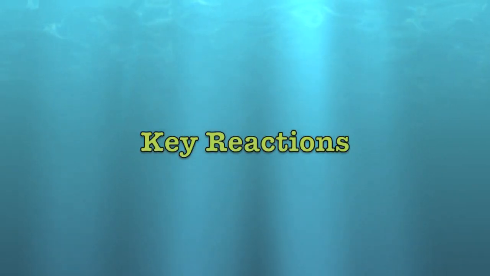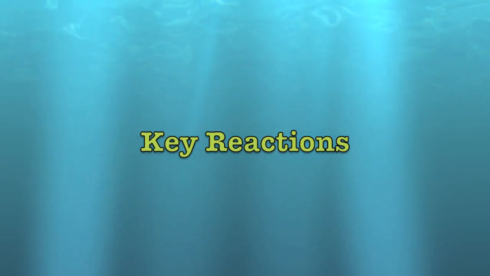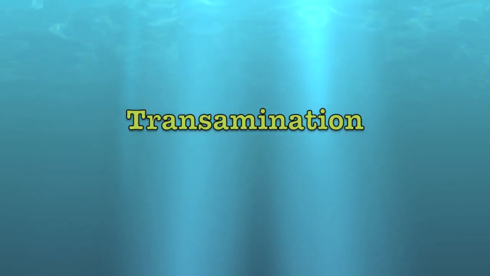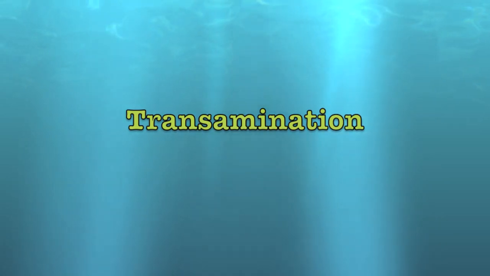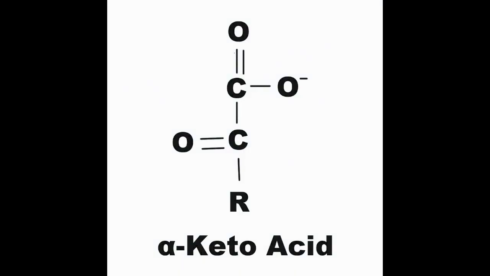Here are a few key reactions to keep in mind before you start looking at individual reactions. Transamination is particularly important in nitrogen metabolism. Basically, an amino group is transferred from one organic molecule to another one. Imagine that you're starting with an alpha keto acid. The alpha carbon is the first carbon after the carboxylic acid group.